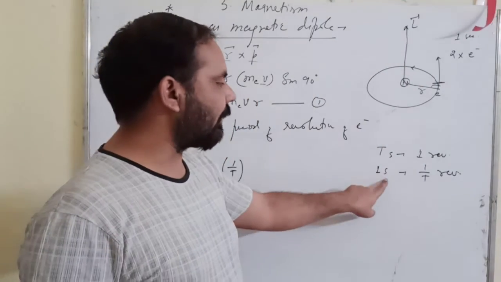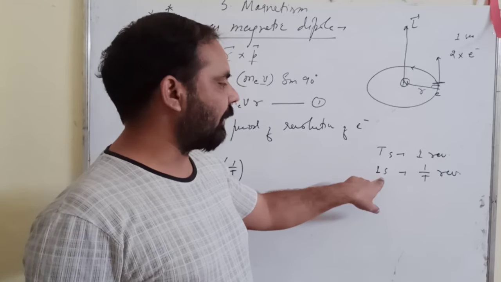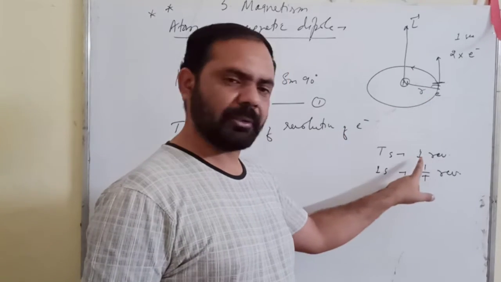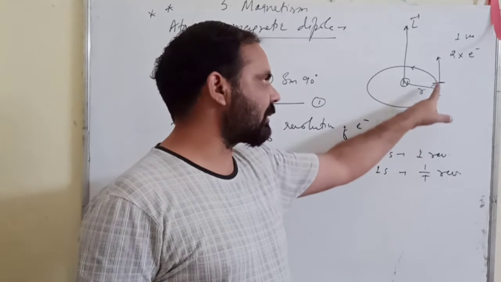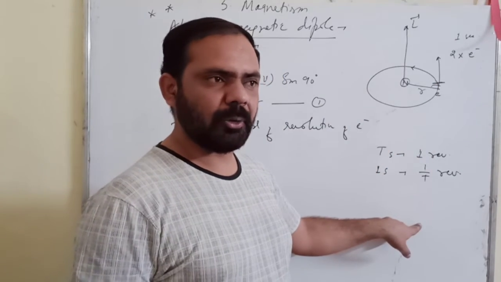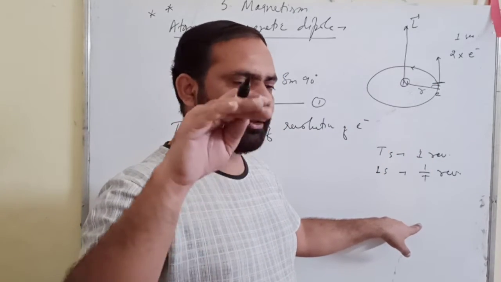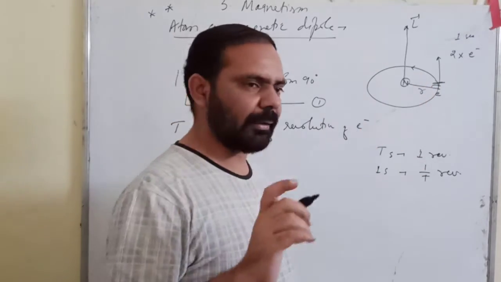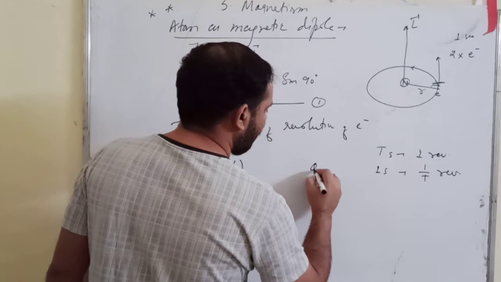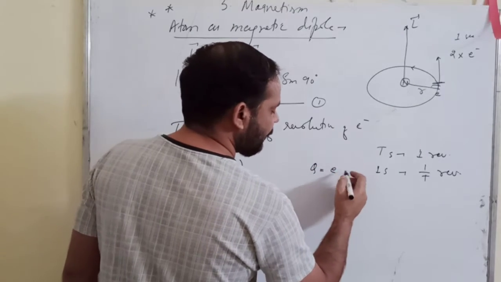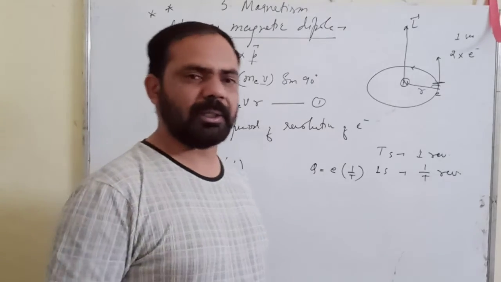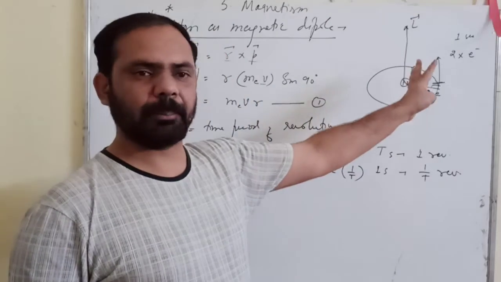Similarly here, in 1 second, the electron makes this many revolutions. This many times it crosses this point in 1 second. So how much is the total charge passing through this point in 1 second? Total charge Q equals the charge of 1 electron times the number of times it is crossing this point.